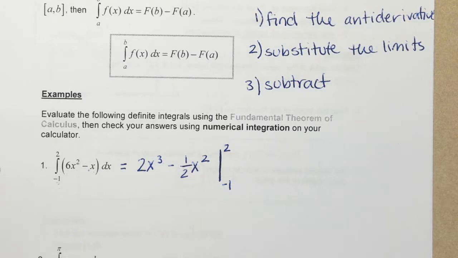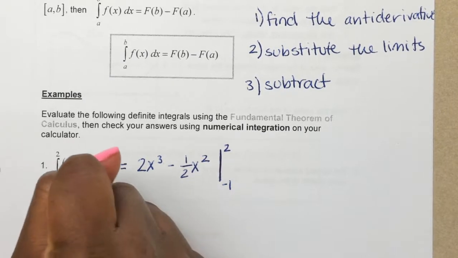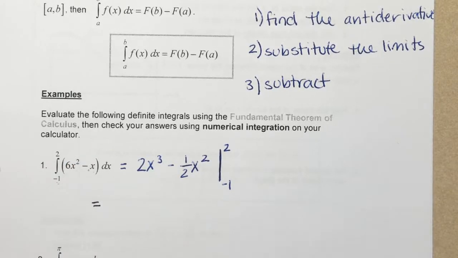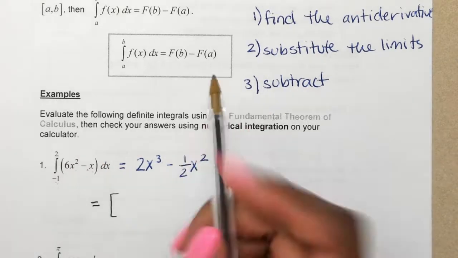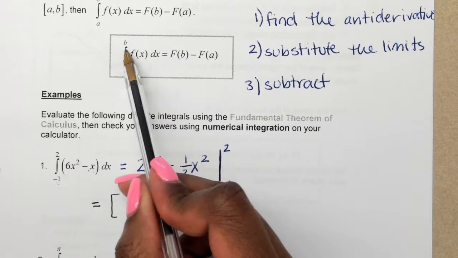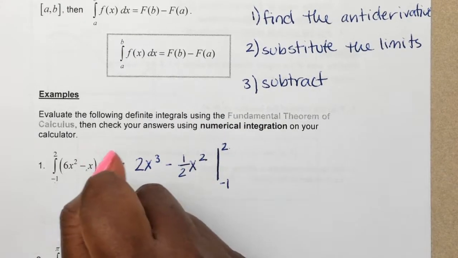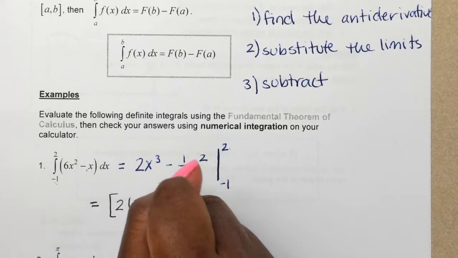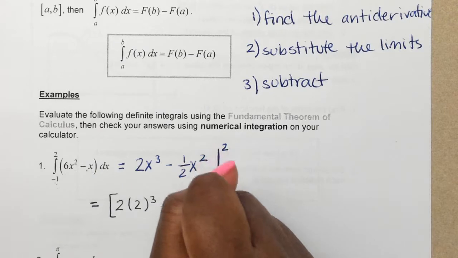Alright, so now what we're going to do is substitute our limits. So b is our upper limit, which is 2, so we're going to substitute 2 into our antiderivative.